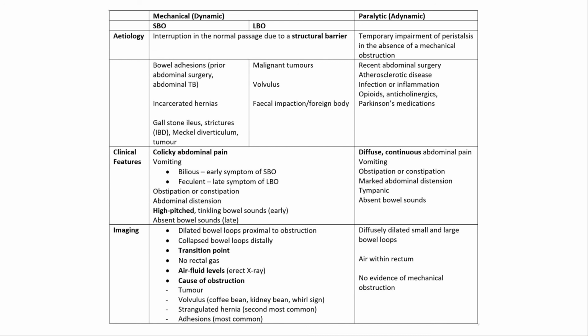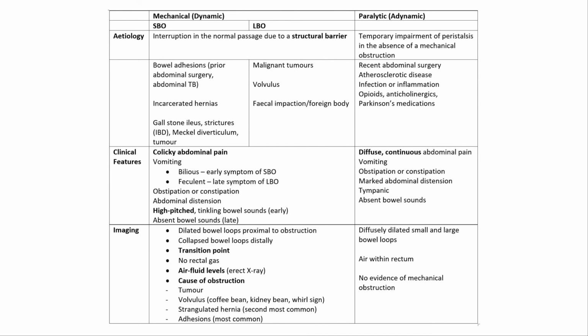Both will present with a colicky abdominal pain, which as the waves of peristalsis meet that dynamic obstruction, you'll get pain with each wave, so that's why it's colicky. You'll vomit, because obviously if things aren't going out that end, they'll come up the other end.